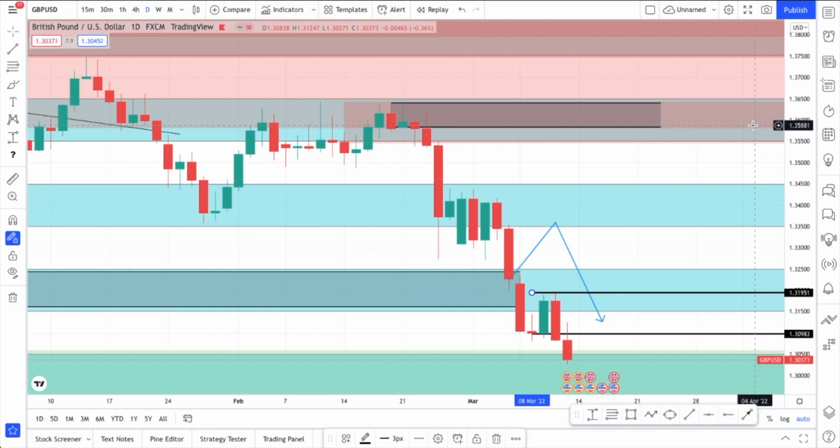But there are other developments which could happen in between that move, which could see the dollar move back down aggressively.